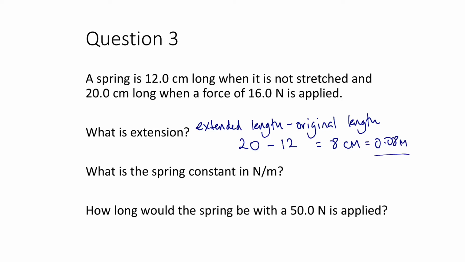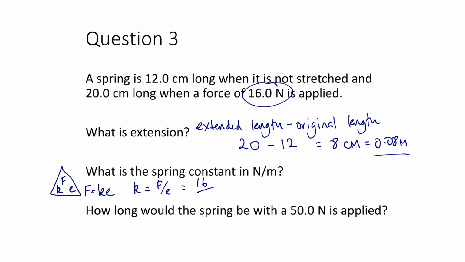And then the next part of the question, what is the spring constant in newtons per metre? So hopefully you started with the equation, F equals KE. Then if you needed the triangle to rearrange to find the spring constant K, that's F divided by E. We know the force, 16 newtons.